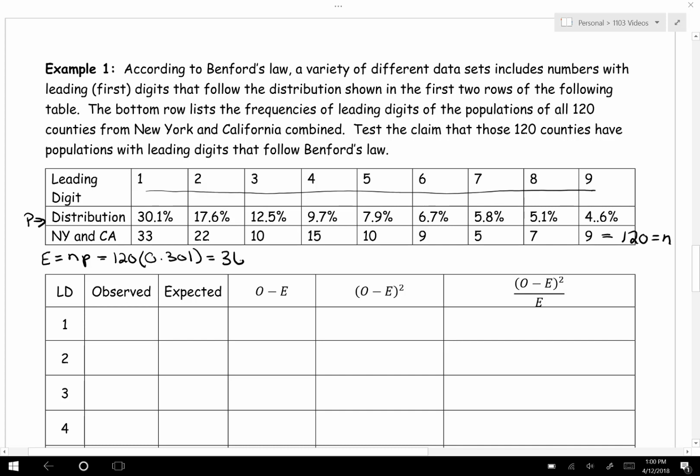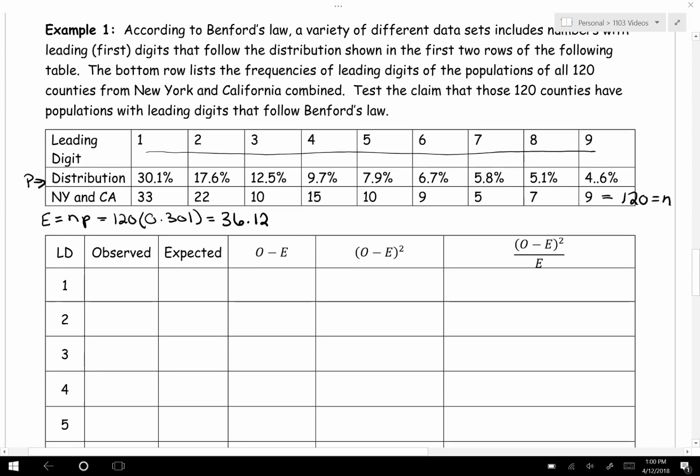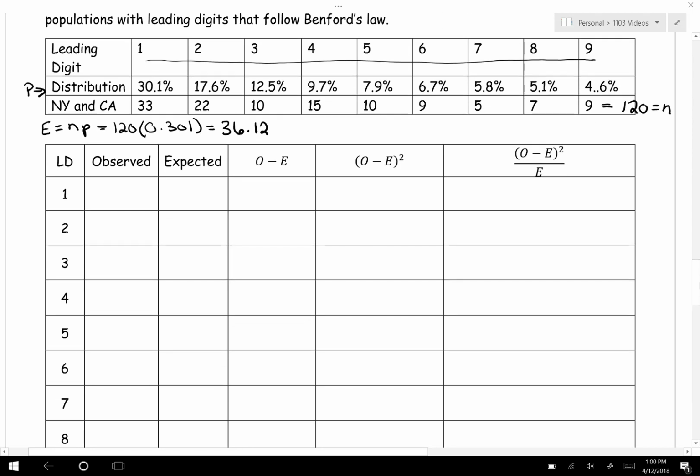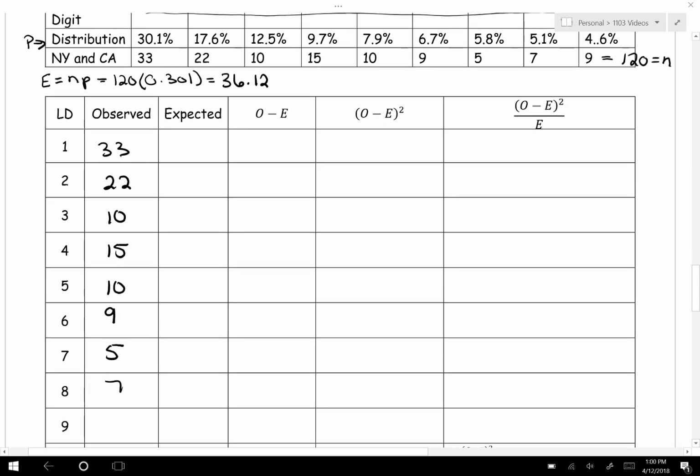So that's 36.12. And you would do that for every single value there. So our observed are 33, 22, 10, 15, 10, 9, 5, 7, and 9.